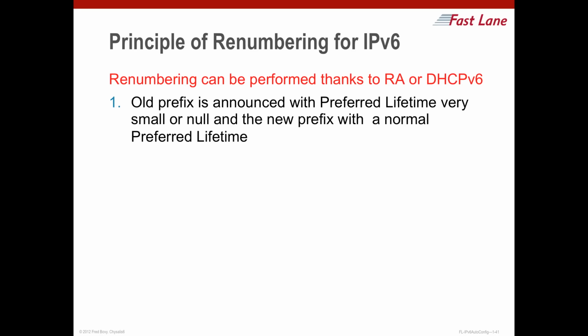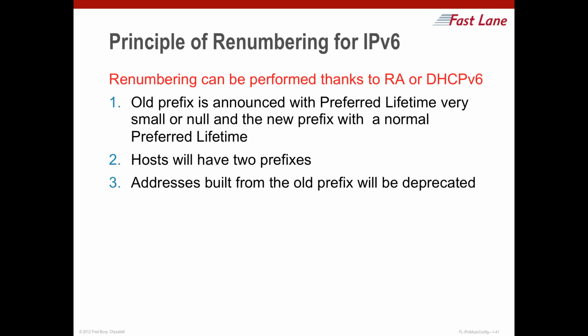And basically, you will have two prefixes: an old prefix with addresses which will become deprecated. So this address will not be used for new connections, but only existing ones. All the new connections will be built using the new prefix.